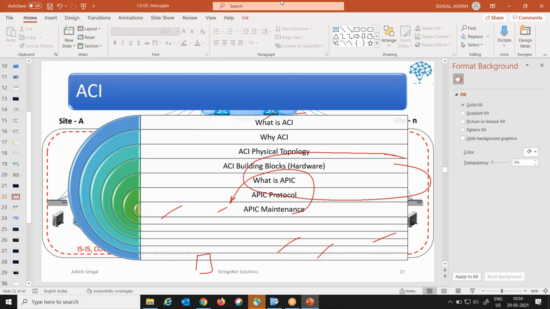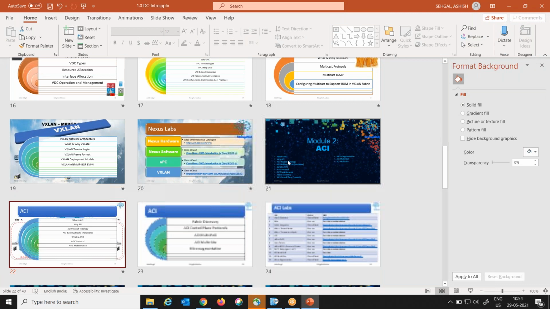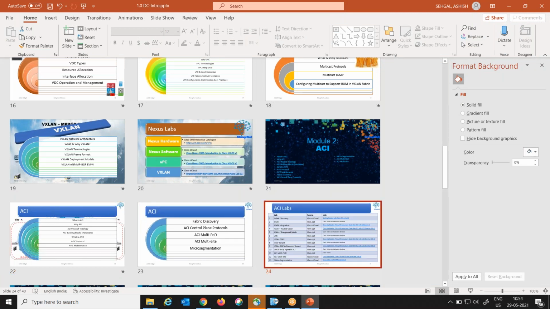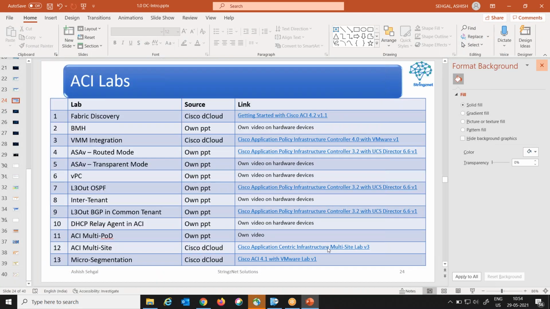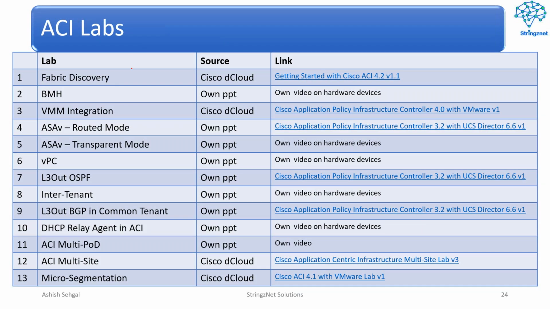Let me clean the screen. Okay, and the labs I'm talking about, ACI. All right, okay, here it is. I'm talking about this particular lab, the very first lab called Fabric Discovery.